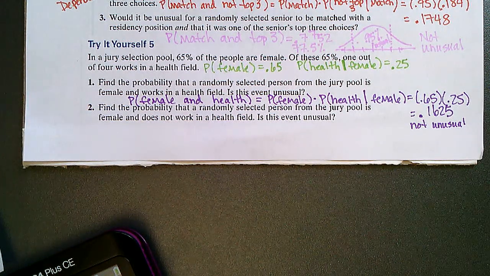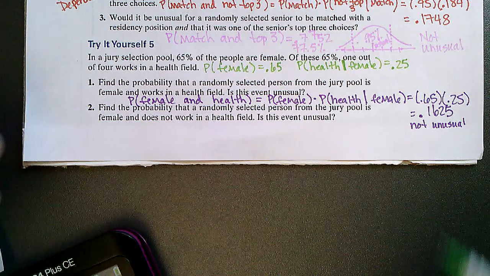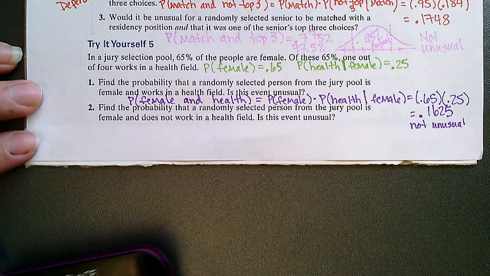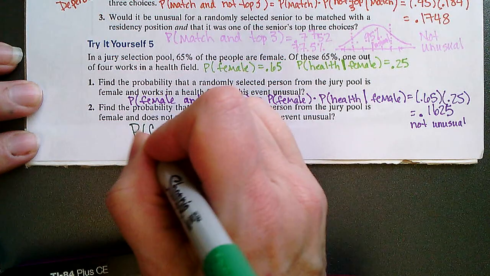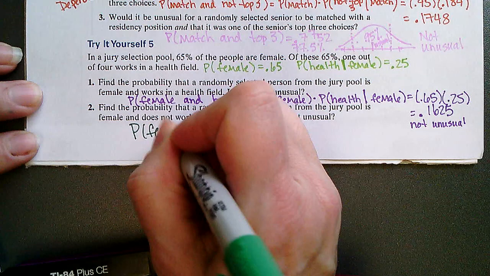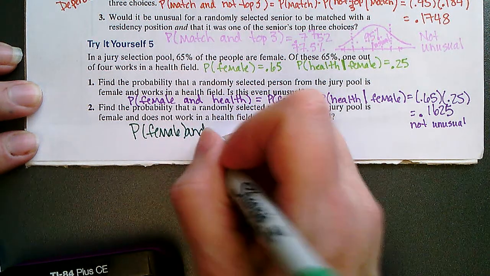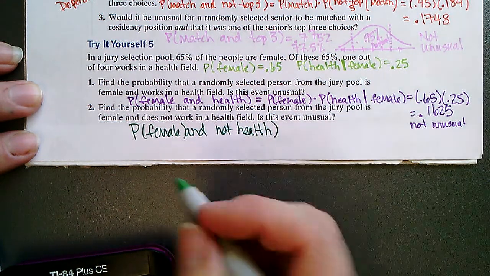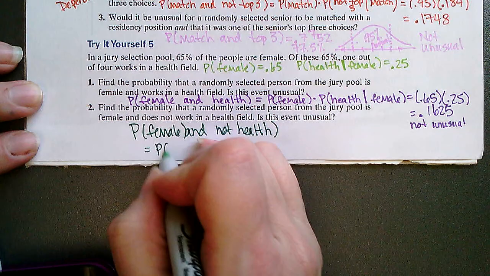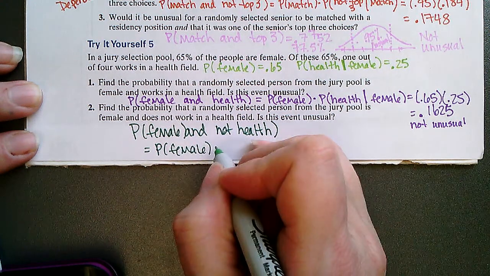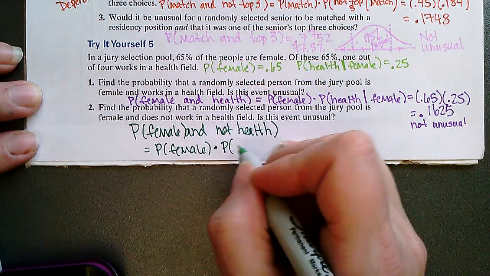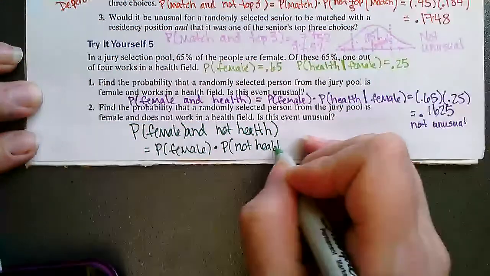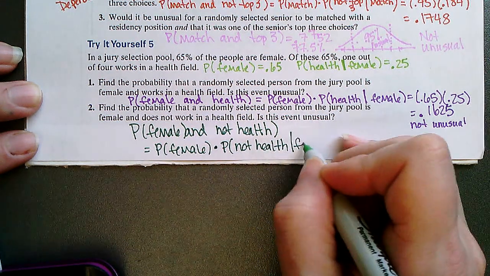Find the probability that a randomly selected person from the jury pool is female and does not work in a health-related field. So this is the probability of female times the probability of not working in the health field given that they are female.